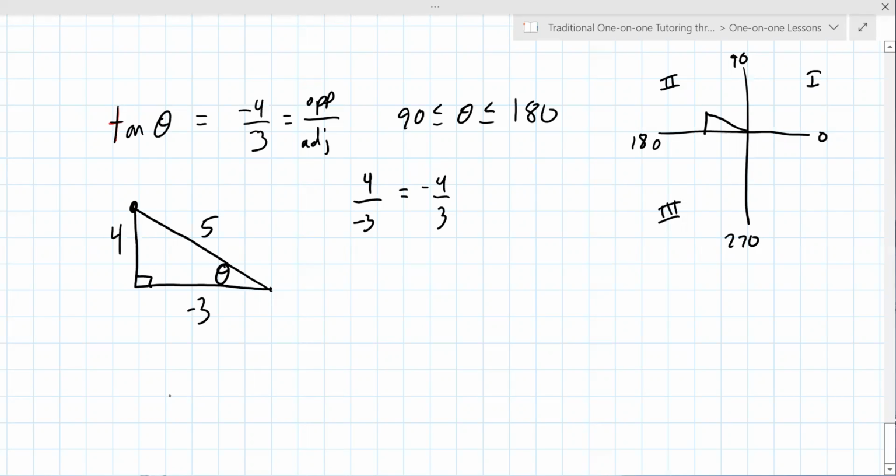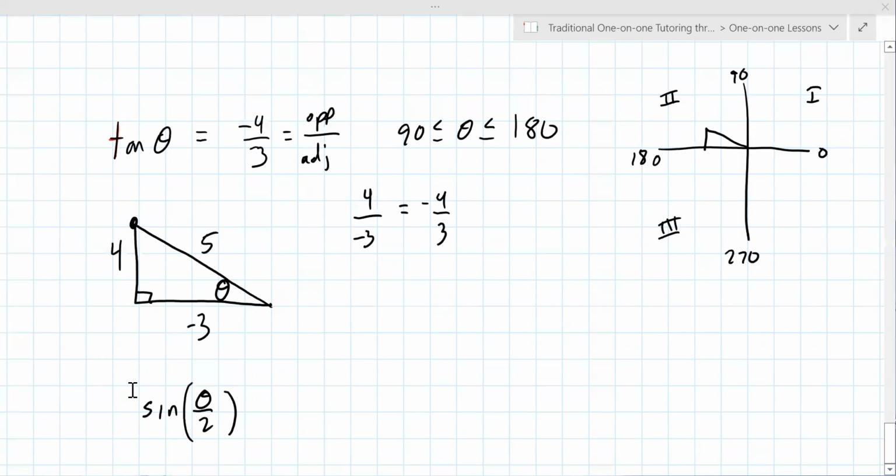All right, now I haven't told you what I want here. Let's say I want the sine of theta over 2 this time. All right, so we got to go back and grab the formula for that one. Did I say sine? I'm sorry. We did that. Let's do cosine.